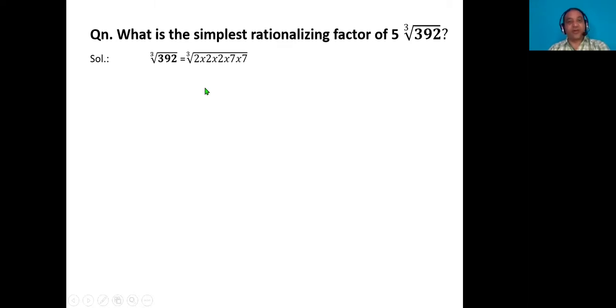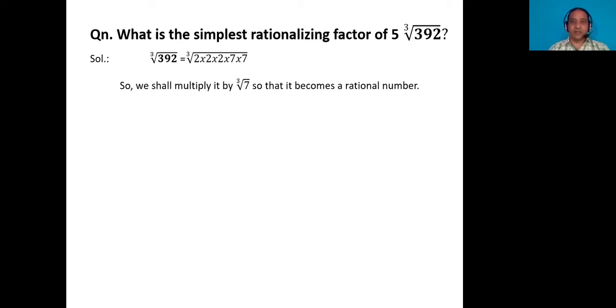Therefore, we have to multiply with cube root 7 to have one more 7. What will be the result? Let us see. When we are multiplying with cube root 7, what will happen inside?